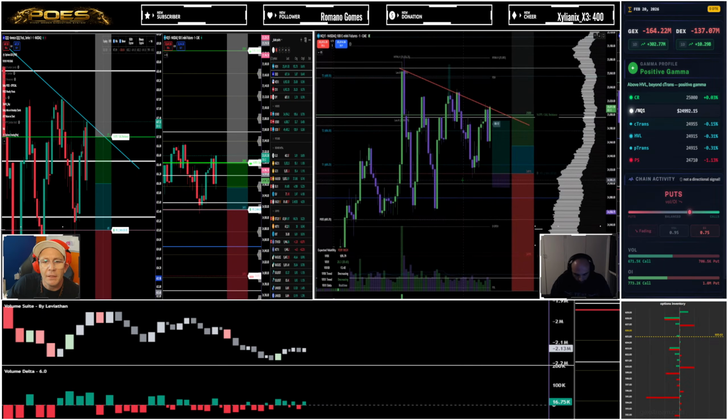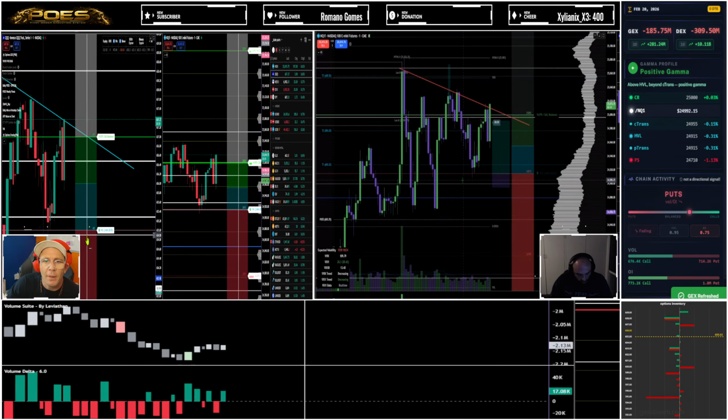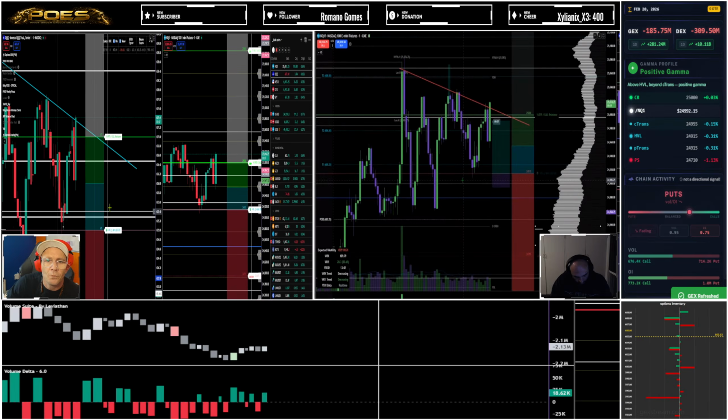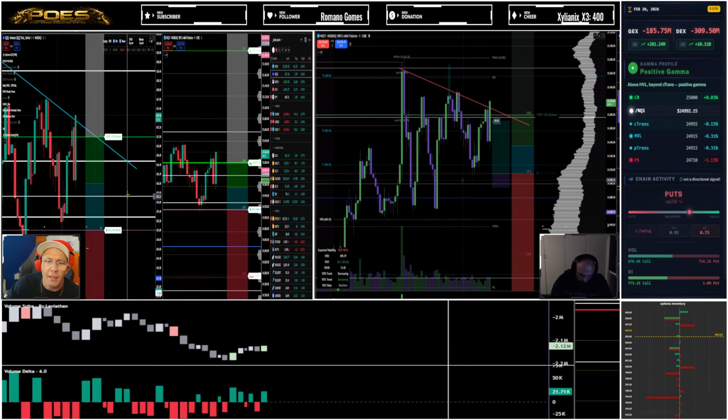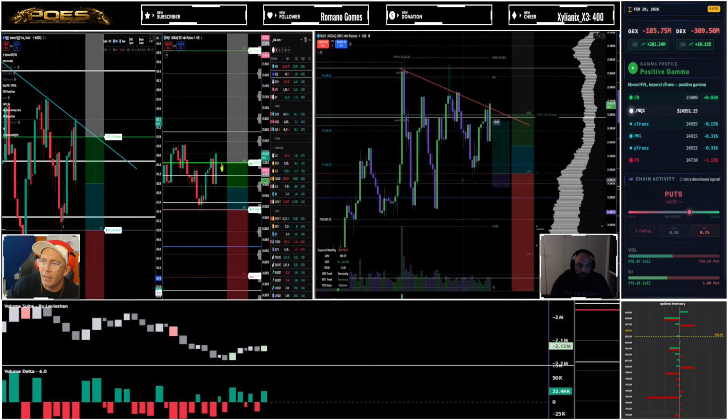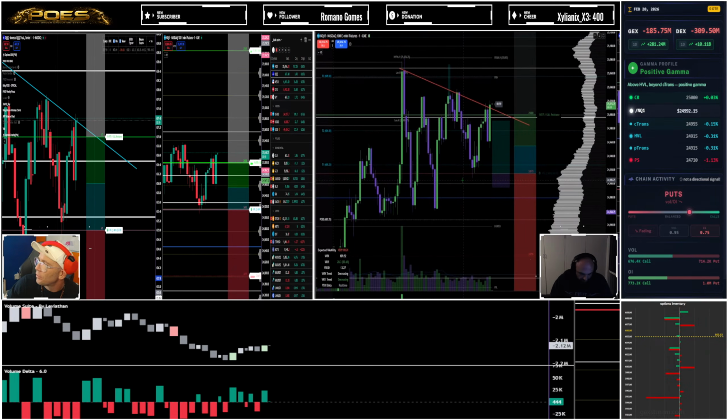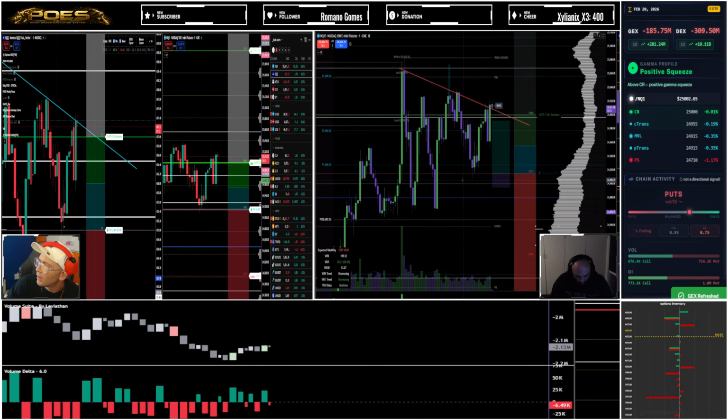Strong resistance here. Let's see, did we get that pop out? That's the volume you want to see on the breakout. Yes, that's confirming a little something. Probably try that again at 25. Oh, it didn't break out, so I'm just going to hold fire there.